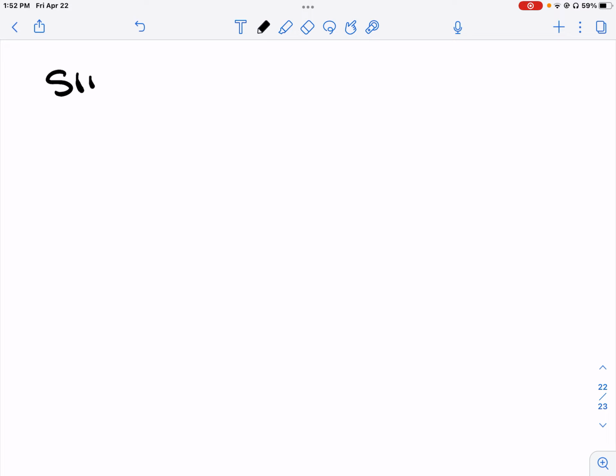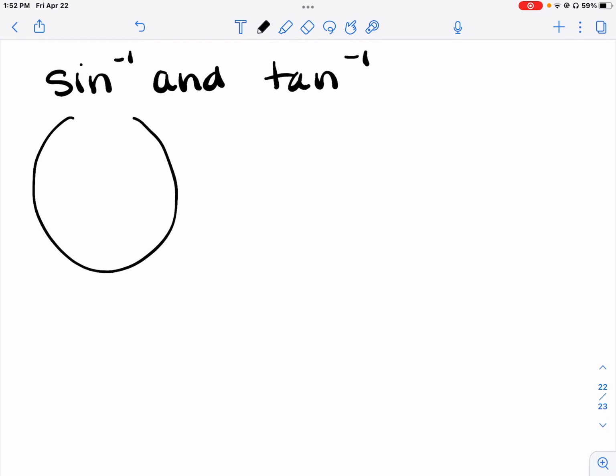Okay, now sine and tangent inverse. Okay, if it's positive, it's no problem. Your positive sines are quadrant 1.